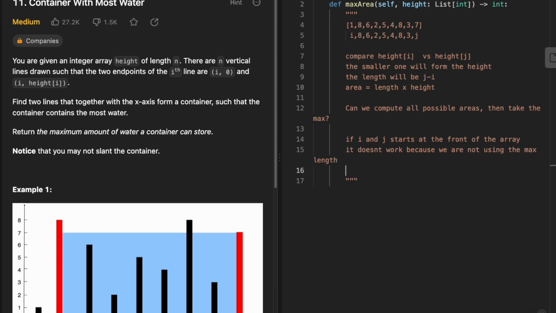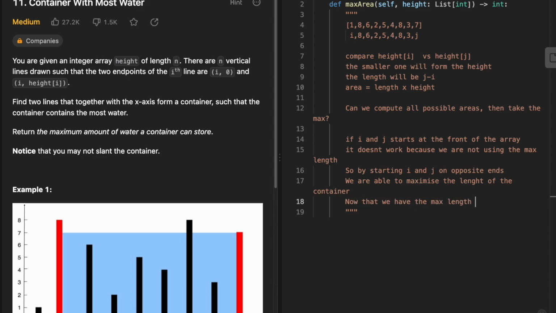So by starting i and j on opposite ends, we are able to maximize the length of the container, right? So we started off here, and now that we have the max length, we want to maximize height.